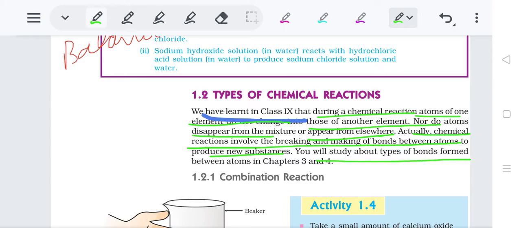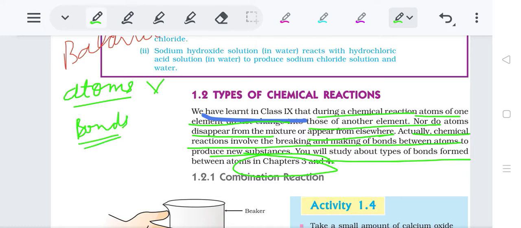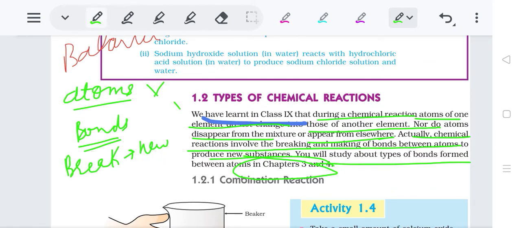We will study about this bond in the third and fourth chapter. So the atoms in a reaction are not changed, not appearing, not disappearing, but we have bonds. These bonds break to form new bonds. This is what it's saying in this paragraph.